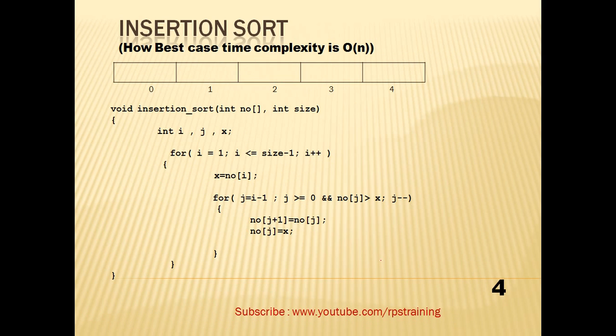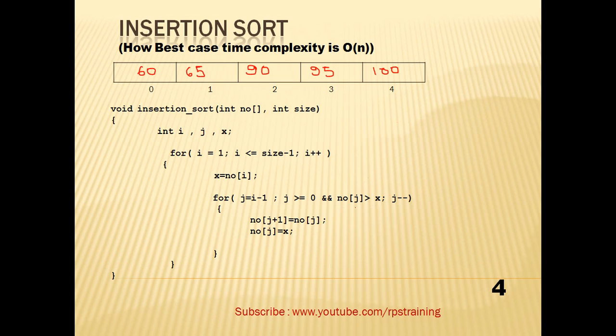Observe how the best case time complexity is big O n in case of insertion sort. Suppose the array contains 60, 65, 90, 95 and 100.